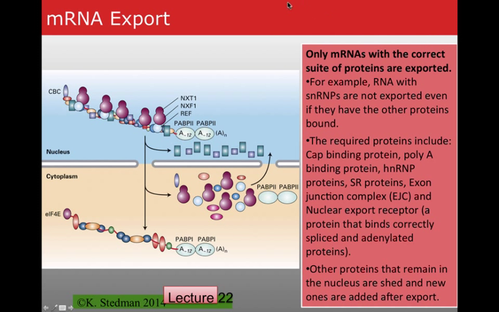So let's zoom in, as it were, and look at where a lot of these proteins are. This hnRNP has that poor little RNA in the middle here, little red thing that you can barely see. Well, that's because, again, it's coated with all of these different proteins. First, and probably most critical, you're never going to get an export of an RNA if you don't have an appropriate cap structure.